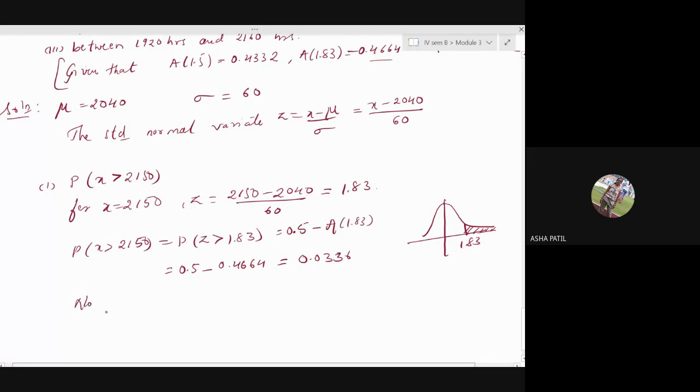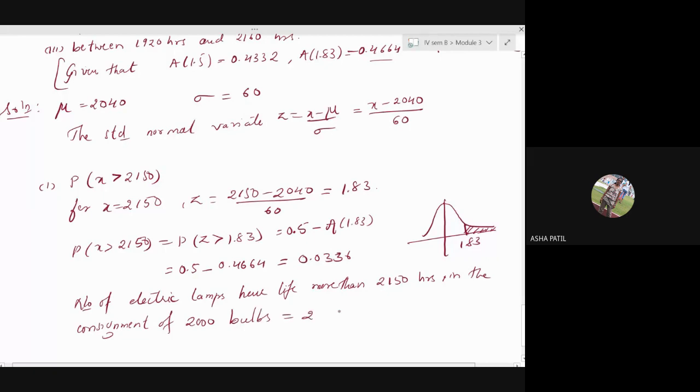Therefore, number of electric lamps having life greater than 2150 hours in the consignment of 2000 bulbs is 2000 into 0.0336. How much do you get?